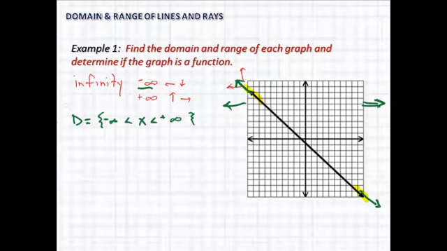Okay? Now this is one way of writing this, where the domain is X is between negative infinity and positive infinity. But I can also write this, since it goes forever to the left and forever to the right and doesn't have any breaks, it's any number we could possibly come up with. So we could also write the domain is all real numbers.